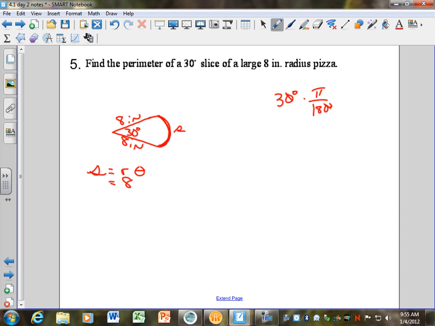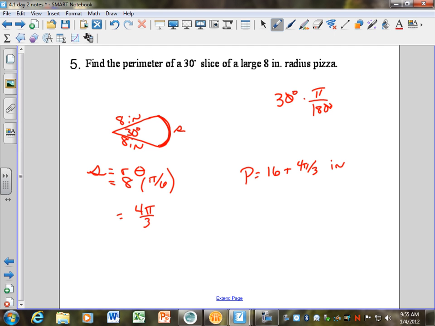Do you agree with that? What's that going to be? 4 pi thirds? So my perimeter of my pizza is going to be 16 plus 4 pi thirds inches.